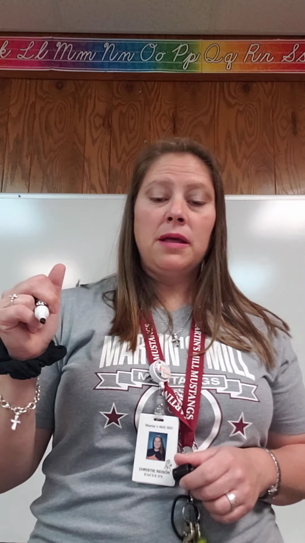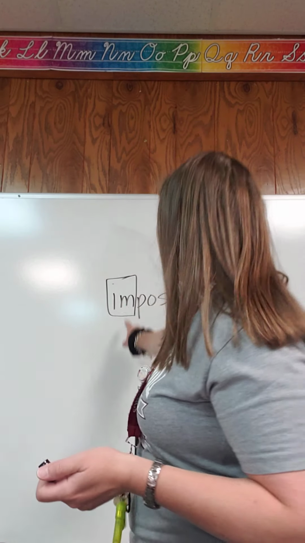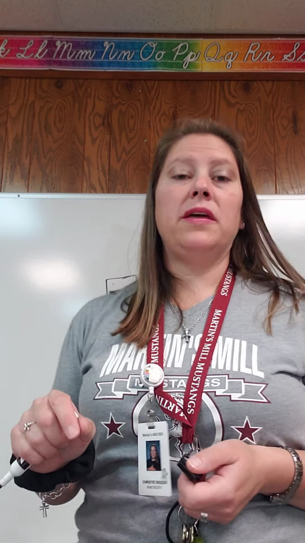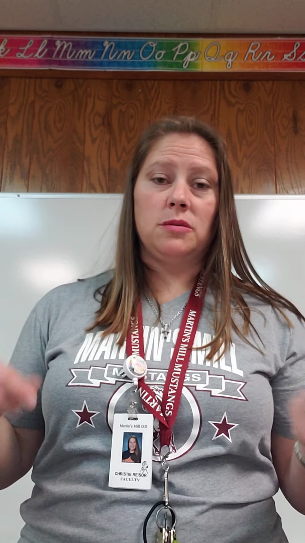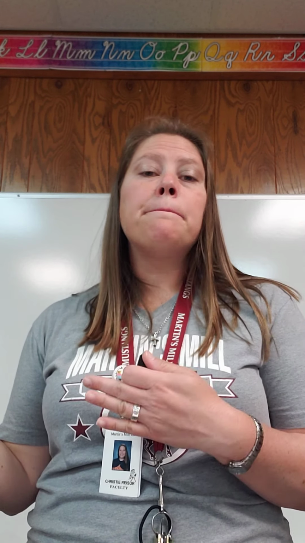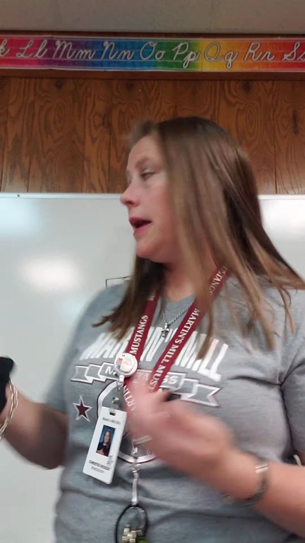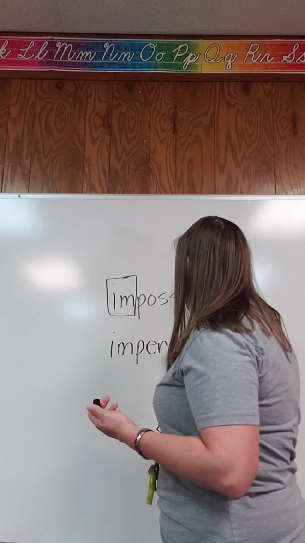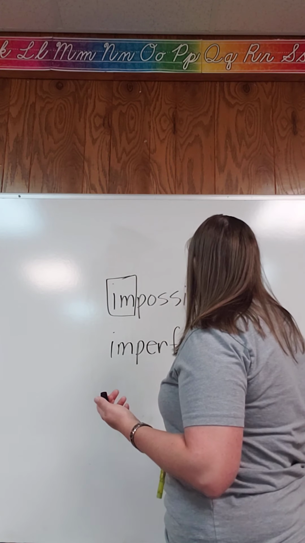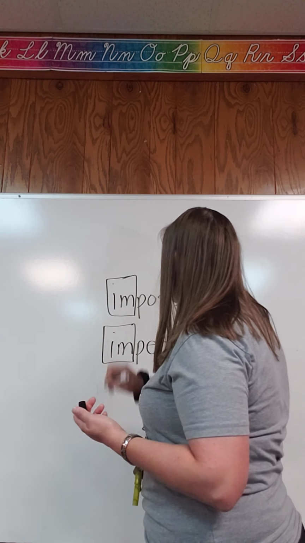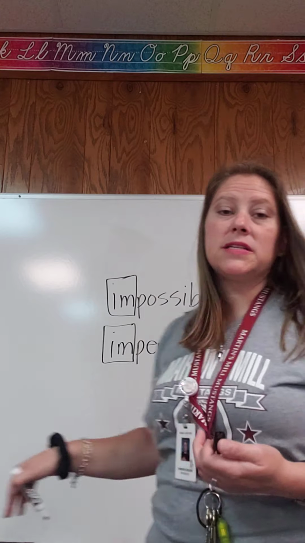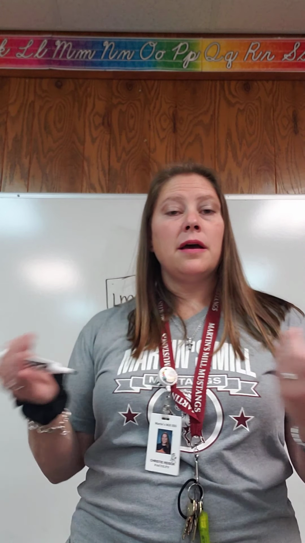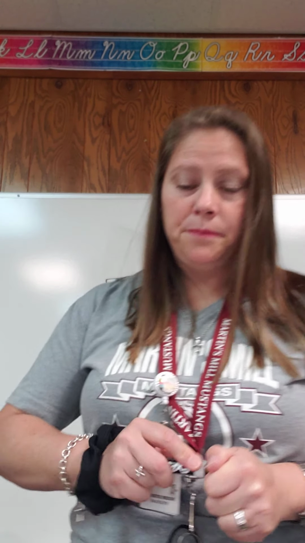Impossible. Im, therefore, means not. Okay? Impossible would then mean it's not possible. Okay? Imperfect. Let me write that one out. Imperfect. Same thing. Prefix im. Take it away. Left with perfect means not perfect. Okay?